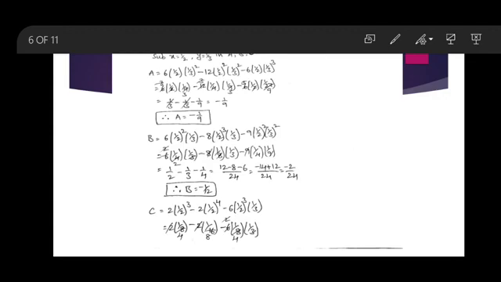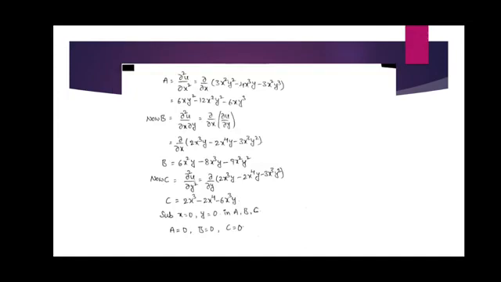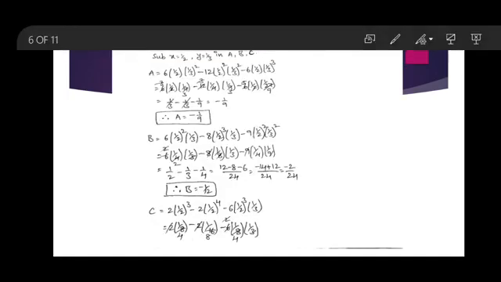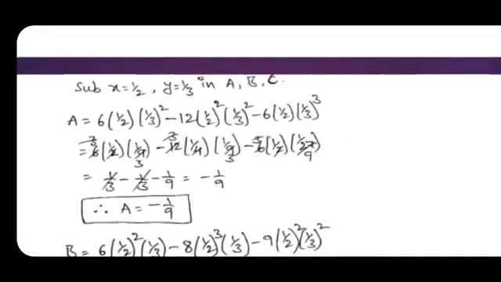Let's look here. Substitute x is equal to 1/2, y is equal to 1/3. In ABC, the simplification is already seen previously. So 6 into 1/2 into 1/3 whole square minus 12 into 1/2 whole square into 1/3 whole square minus 6 into 1/2 into 1/3 whole cube.